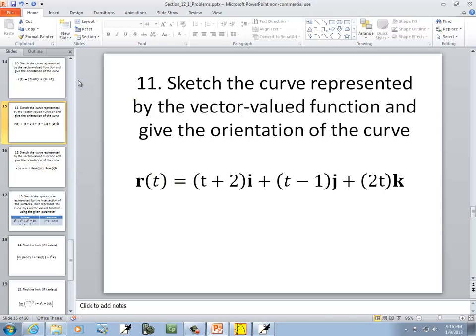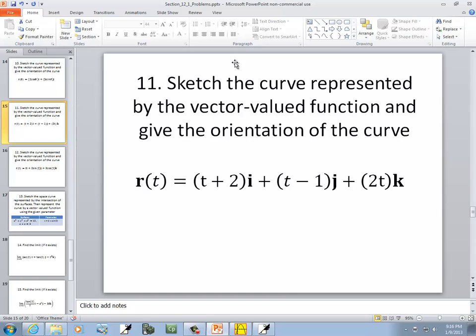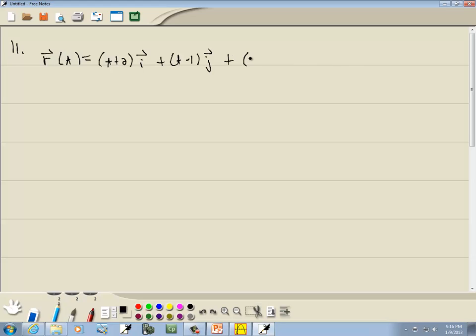And we got r of t is equal to t plus 2 i plus t minus 1 j plus 2t k.